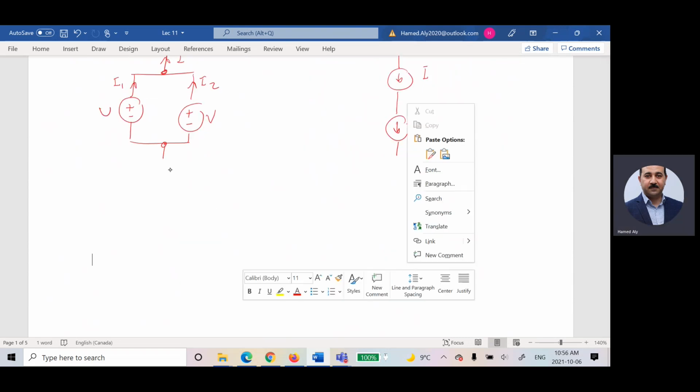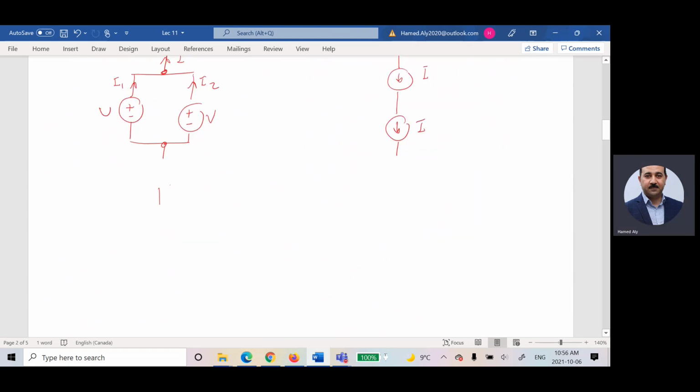What about if I have something like that? This guy, if it is V, this guy should be V. It could be anything. It doesn't matter, because each one will have a specific voltage, but they have the same current.